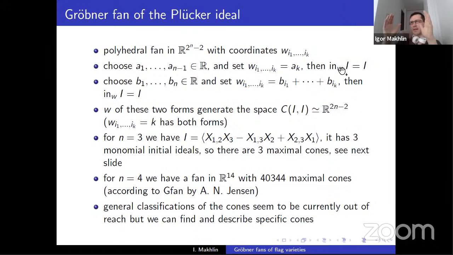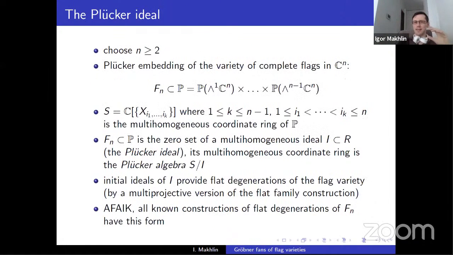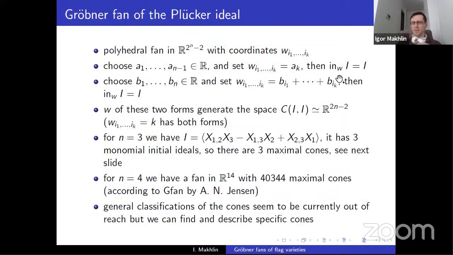This is simply because I defines a subvariety in this product, so it has to be multi-homogeneous, and this precisely means that it is homogeneous with respect to this grading, and so these multi-homogeneous polynomials will be their own initial forms.